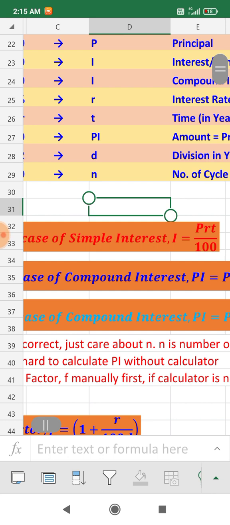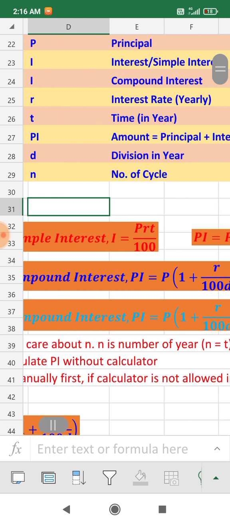The principal P will remain constant. But in case of compound interest, what is happening? The principal amount P will automatically change after a certain duration, not the whole period.